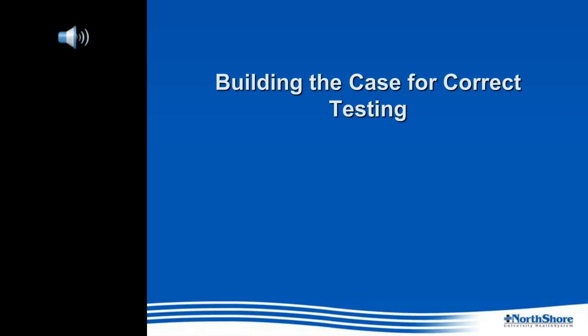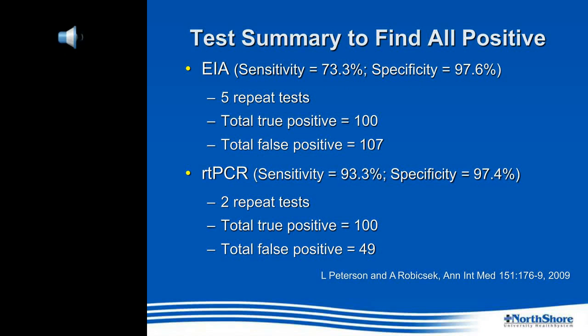So I want to go over some of this relatively quickly so we have time for questions at the end. But building the case for correct testing, the issue becomes you need a sensitive test. This looks at what happens when you just repeat the same test, and with a sensitivity of EIA at only 73%, it took 5 repeat tests to actually find all 100 total true positives, but by then you had 107 false positives.